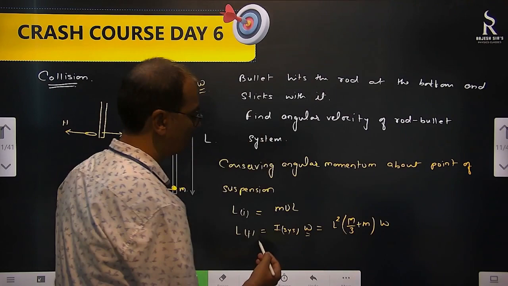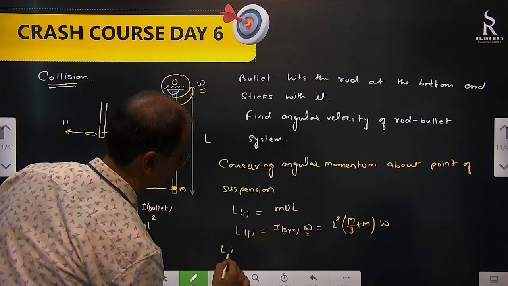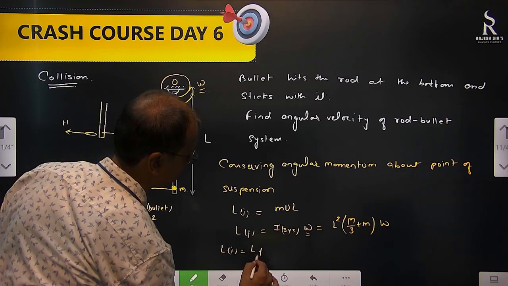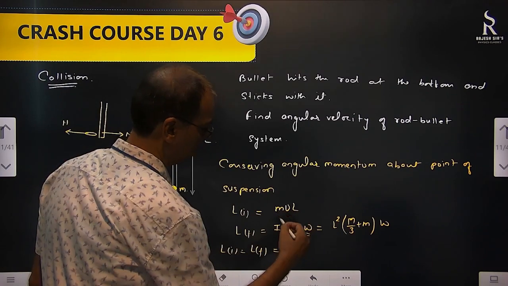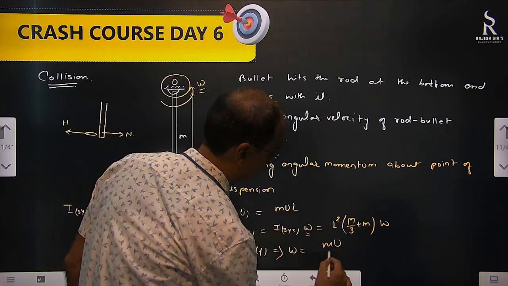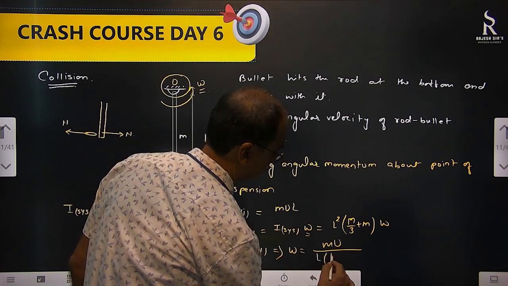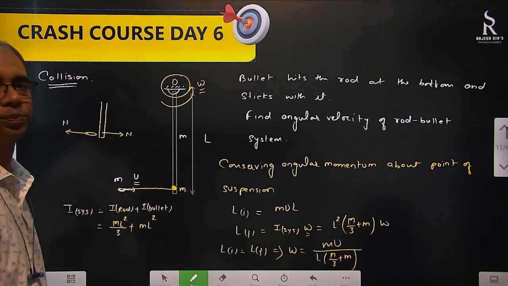Now Li equal to Lf. That's it, over. So omega equal to what? L and L will cancel, so omega is mu by L into (M by 3 plus m). That's the omega value.